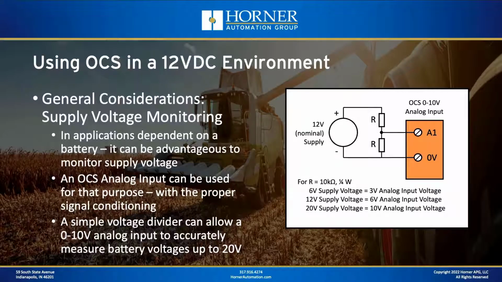So if there is 12 volts of supply voltage, we're going to see 6 volts on the analog input. If there's 20 volts on the supply voltage, we're going to see 10 volts on the analog input. So that's a pretty typical way that we can monitor the supply voltage.